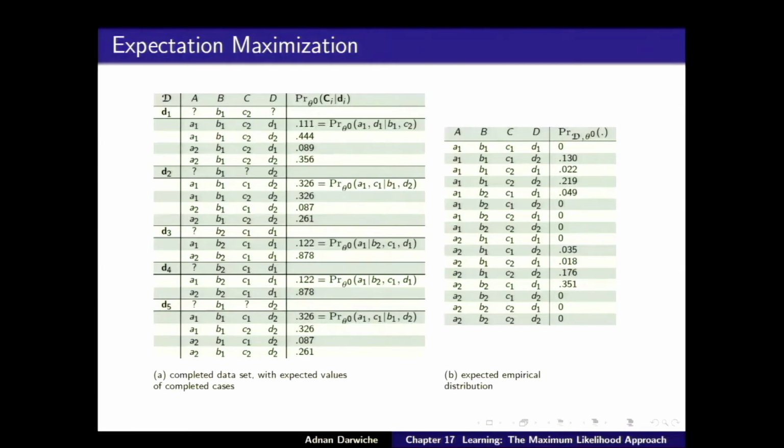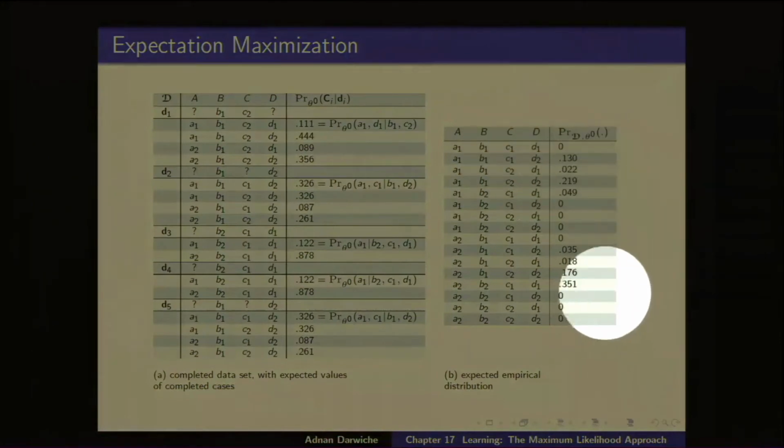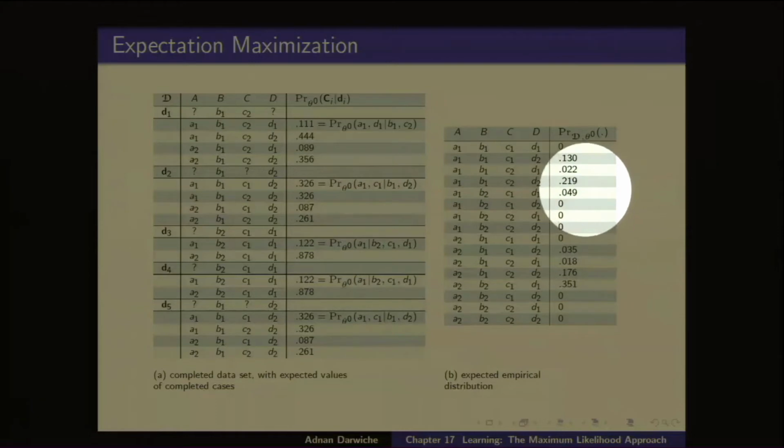EM, of course, doesn't do it like this mechanically. I'll show you at the end how it does it mechanically. It's a shortcut. But conceptually, what it's doing is this. It guesses initially a set of parameters, theta sub 0. Now I have a distribution. I have my incomplete data set. It uses that distribution to complete the data set. What does it get? An empirical distribution. And then what does it do? It uses this to compute what?